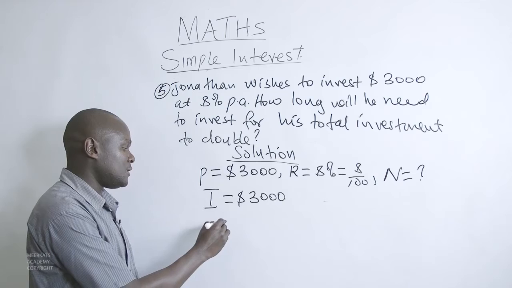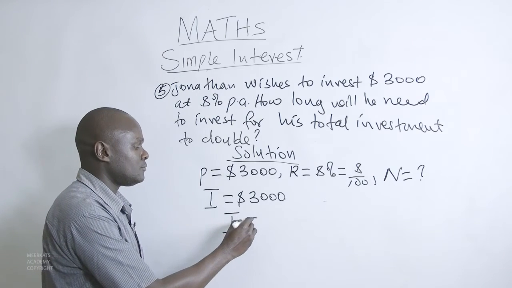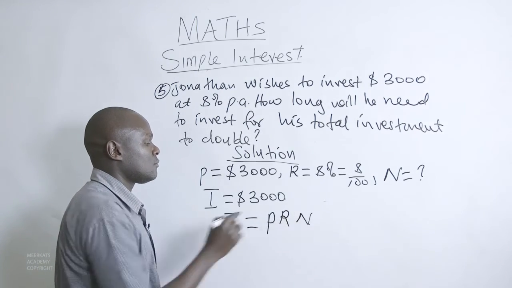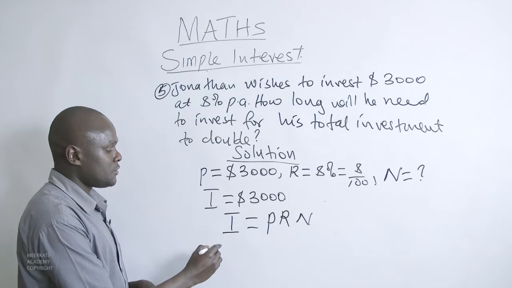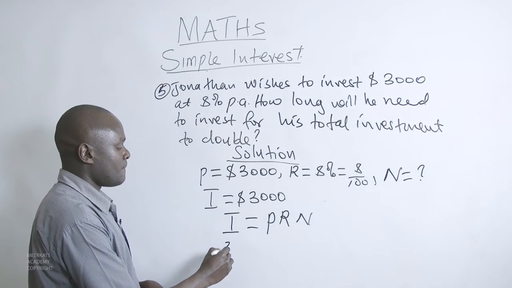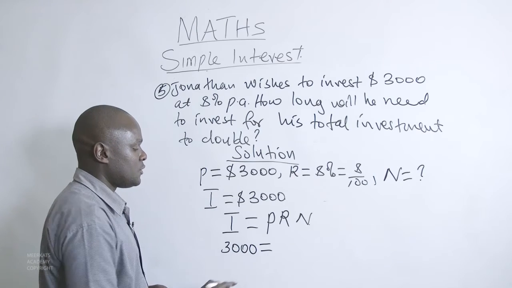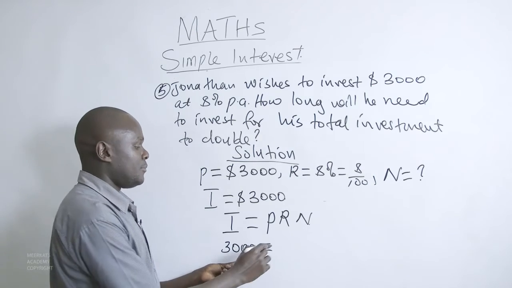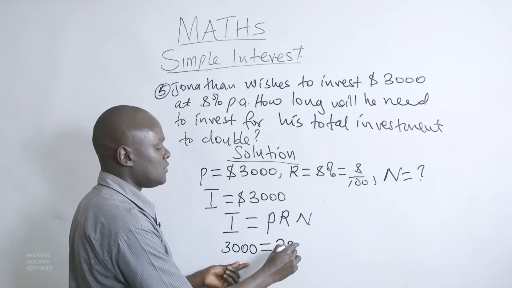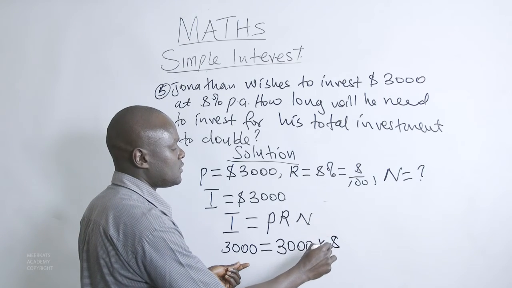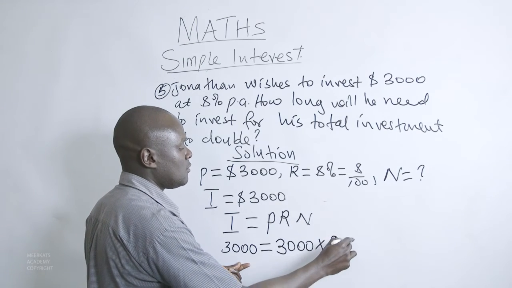We go ahead and write down our simple interest formula. The interest we have by the end of the period that we don't know is $3,000. The principal amount invested is $3,000. The rate we've been given is 8 out of 100.